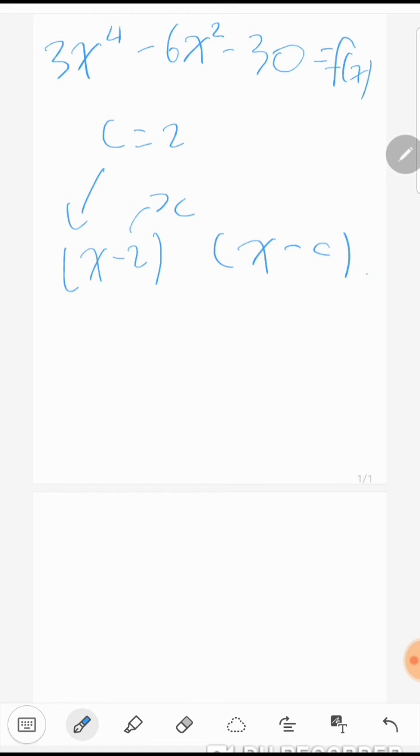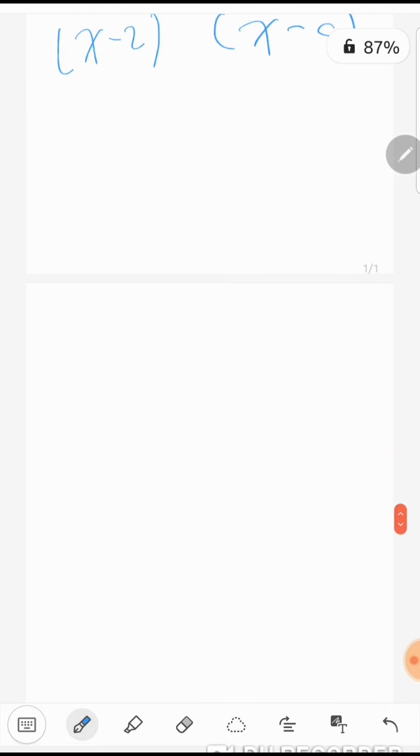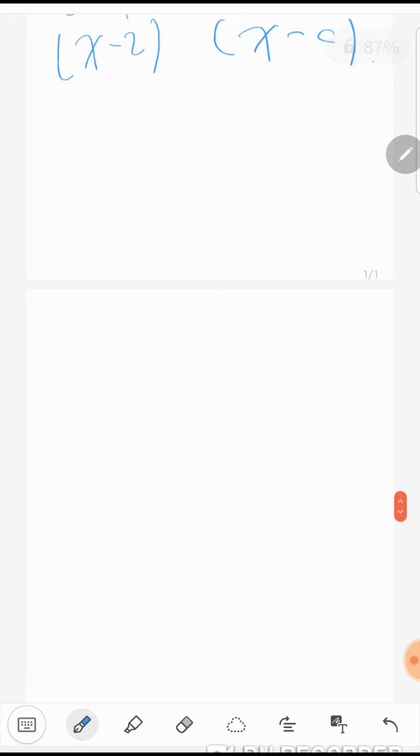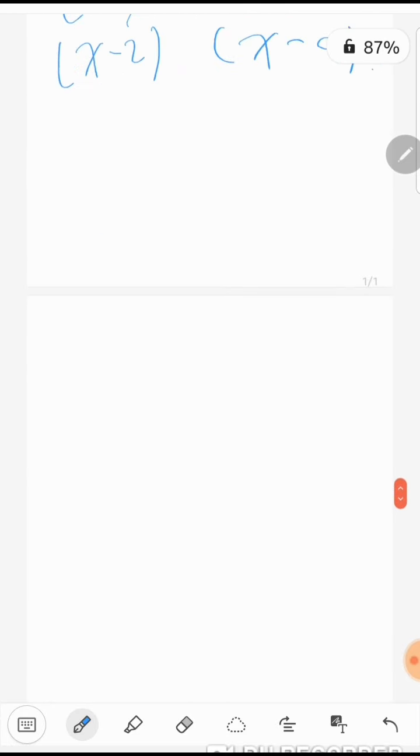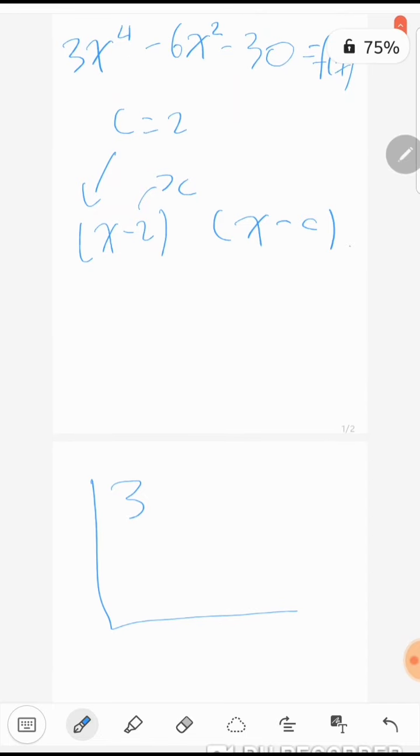So when you do synthetic substitution, we want to first put the numbers in the synthetic form, I guess you can say that. So fourth power, we don't have a third power here, so that's a 0.